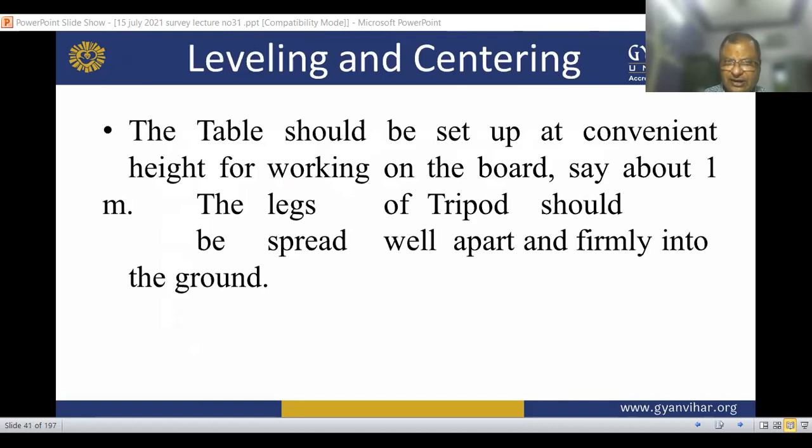Now leveling and centering. The table should be set up at a convenient height for working on the board, and the legs of the tripod should be spread well apart and firmly into the ground.